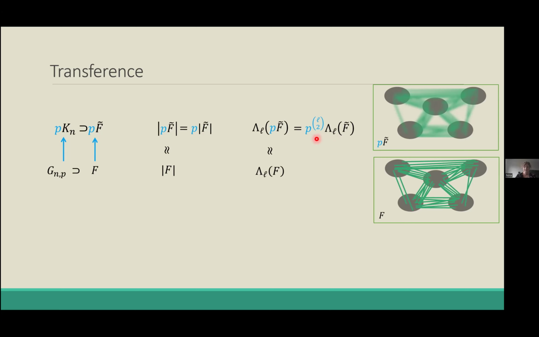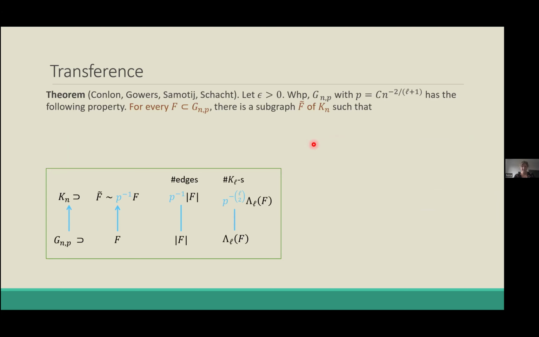Okay, so again, feel free to ask any questions about this, because I know it's rather vague. But let me now give you a slightly more formal statement. This is in the form proved by Conlon, Gowers, Samotij, and Schacht. What they showed is that for your desired accuracy of approximation, the random graph G(n,p) has the following property with high probability.